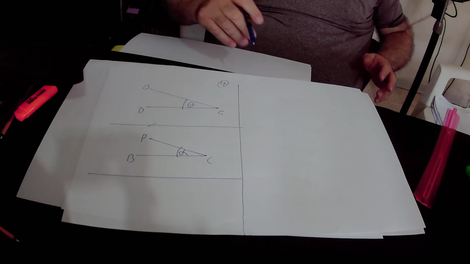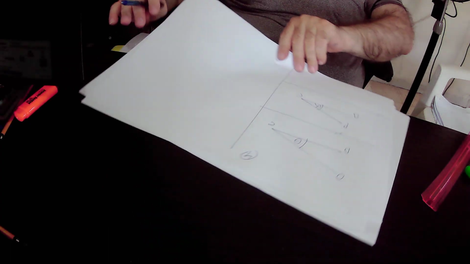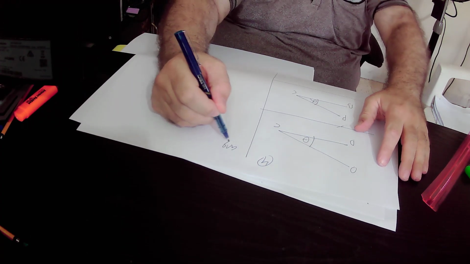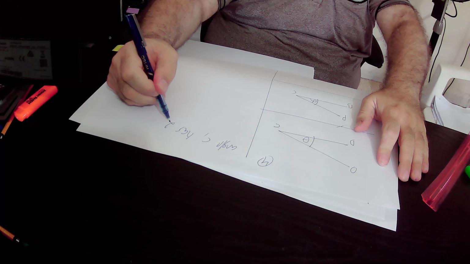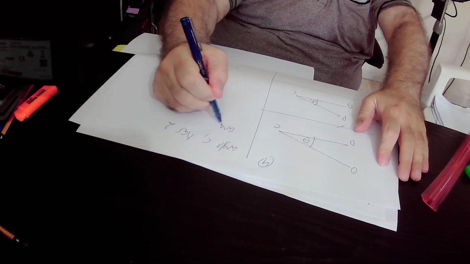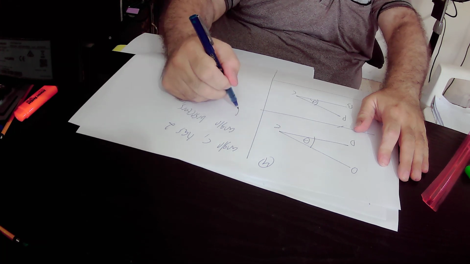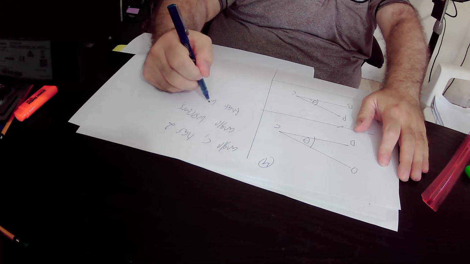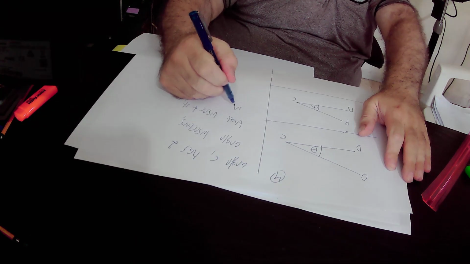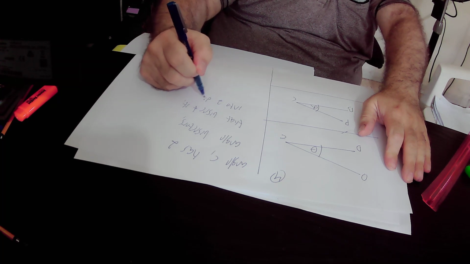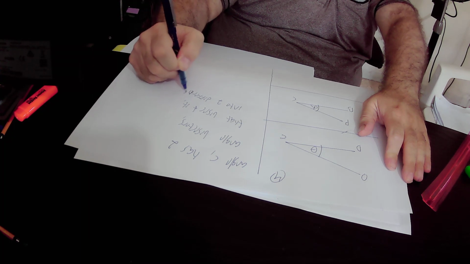So actually we found out that angle C has two angle bisectors that bisect it into two different halves.